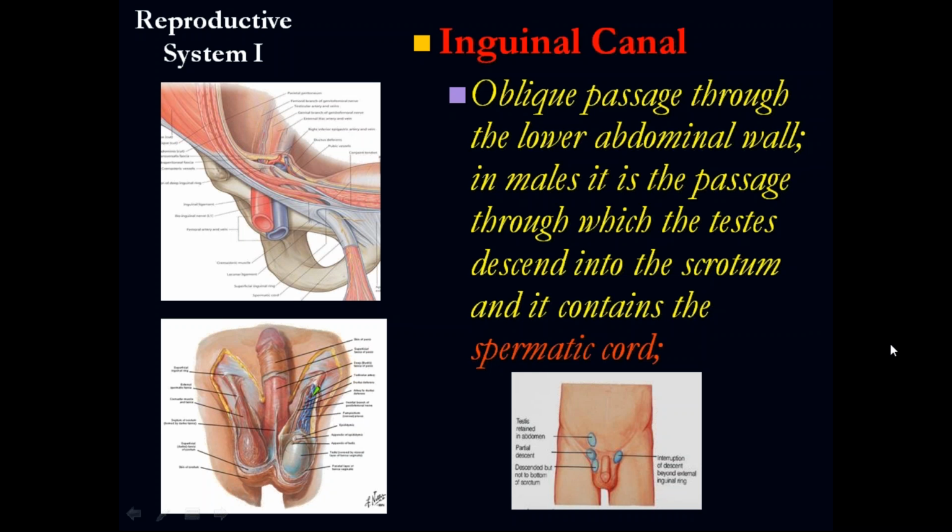The inguinal canal is a canal whose walls are formed by muscles and membranes, and it is going to transport the testicles from the retroperitoneal area to the scrotum.